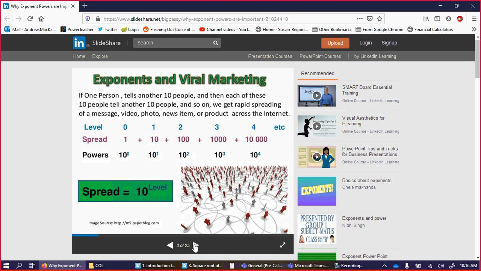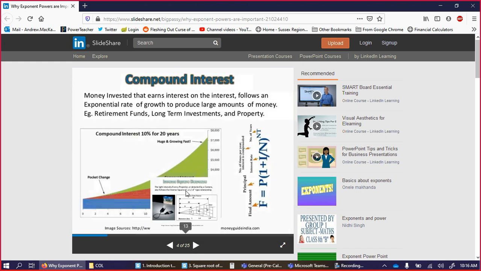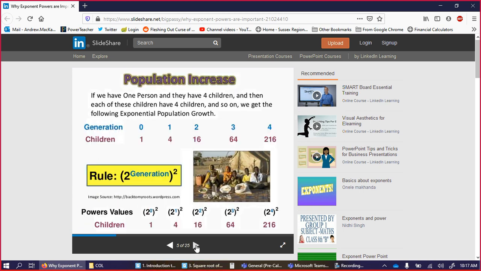If one person tells 10 people and those 10 people tell another 10 people, it grows and grows. Compound interest, which you did in GMF in grade 10, is an exponential growth. That's why they tell you to start investing long ago.